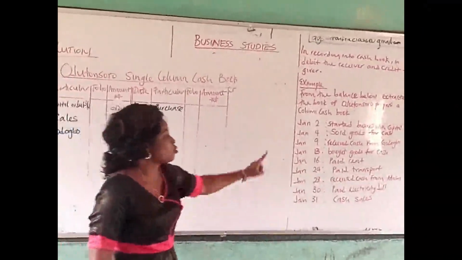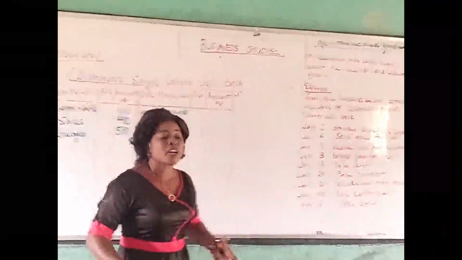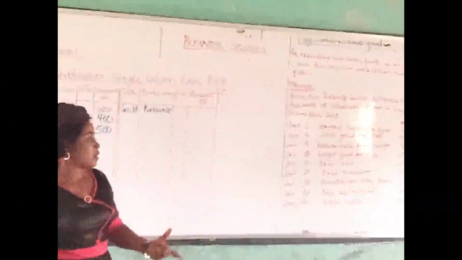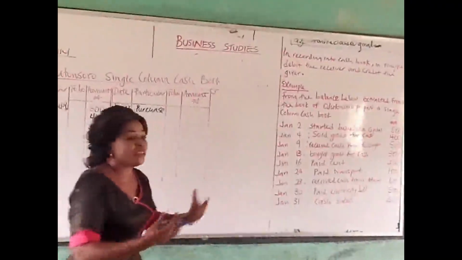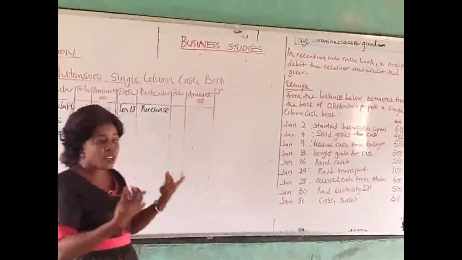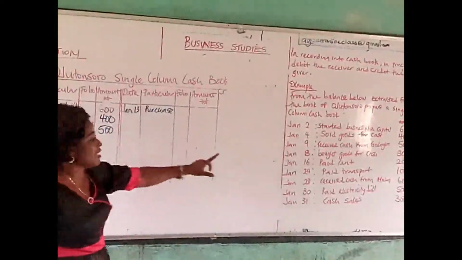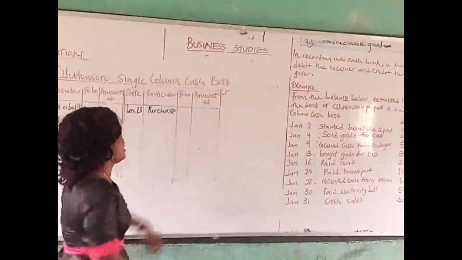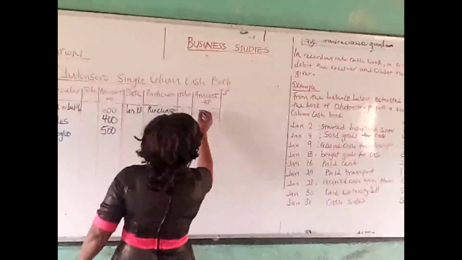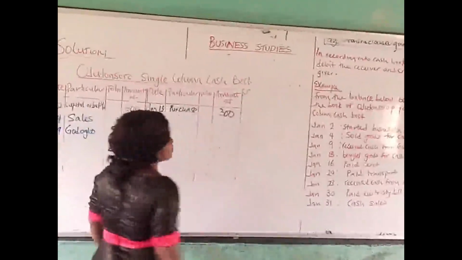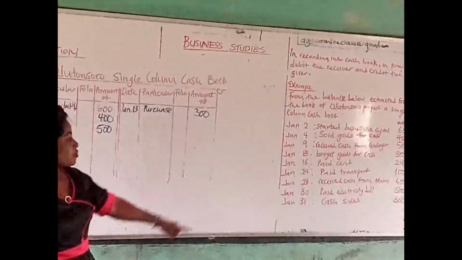I said bought goods for cash. Bought means to buy. So as you buy, you pay the money out. You are not receiving the money. You make the payment out. Definitely, you are recording that in your credit side. 300 naira.